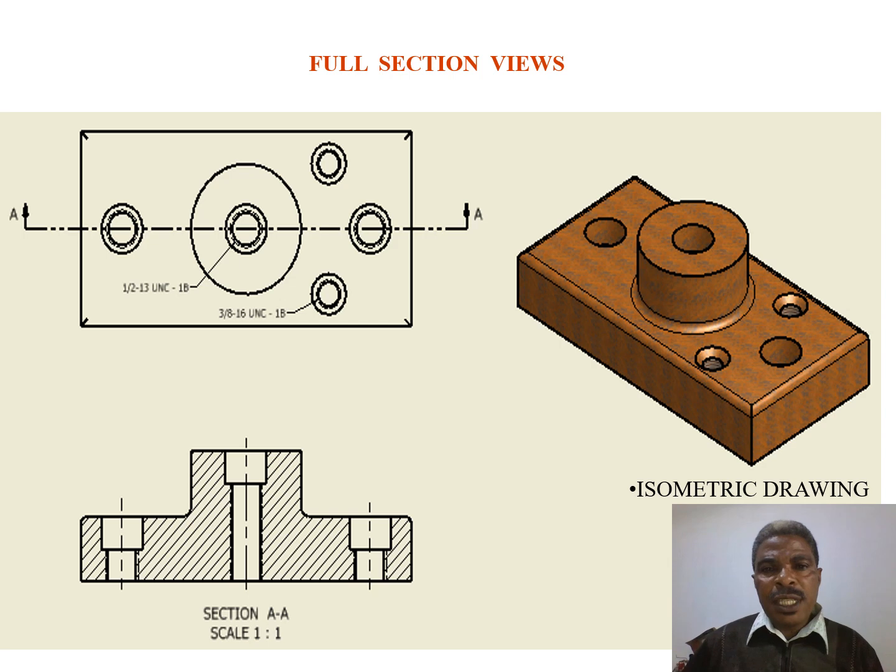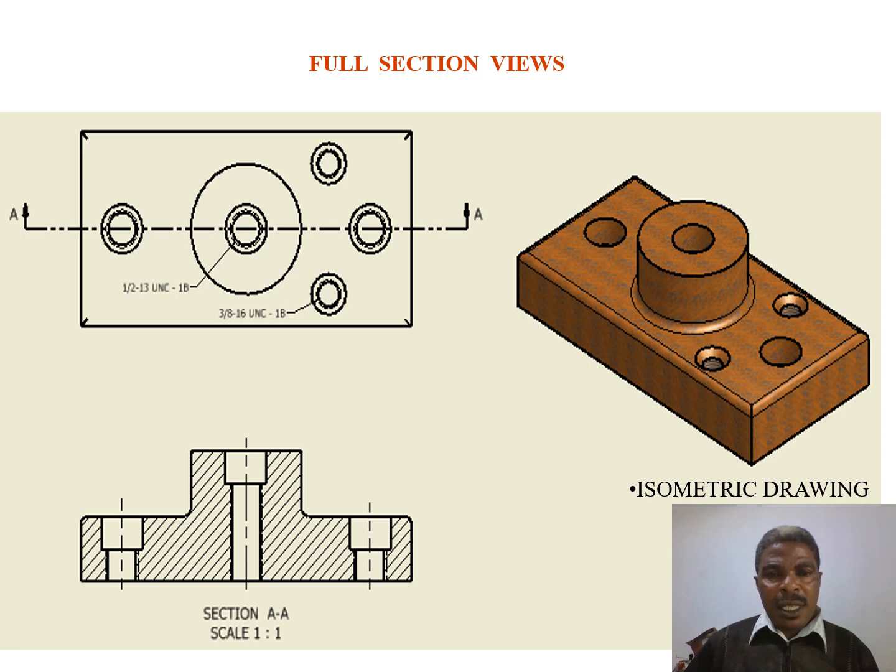So for full section, this is our object. Our object with several holes in it, 5 holes. So for the case of full section, this is our line for cutting plane, termed as AA. It has passed through 3 holes.